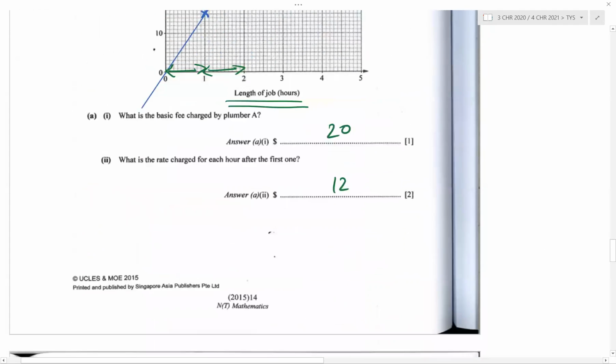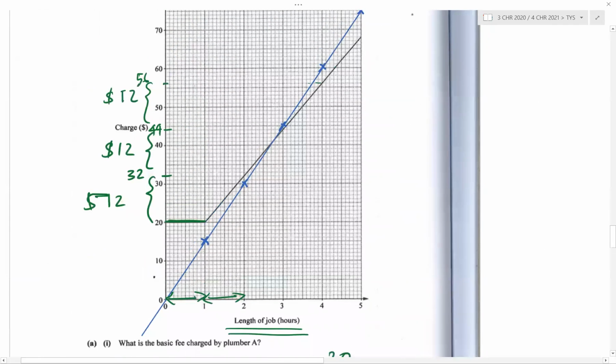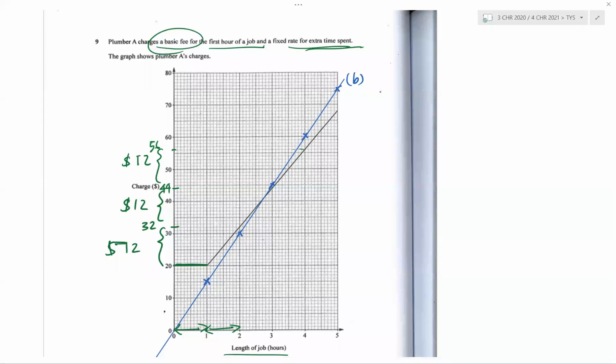Okay, so now we have to try and understand this. We understand plumber A's charges already. Now plumber B is actually more straightforward. Every 1 hour, $15, every 1 hour, $15. So we were saying that for half an hour, sorry, plumber B is cheaper. For 1 hour, plumber B is cheaper. But if we look at, for example, 5 hours, who is cheaper?